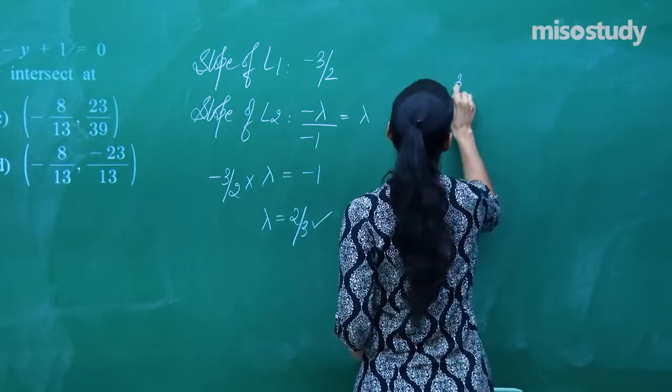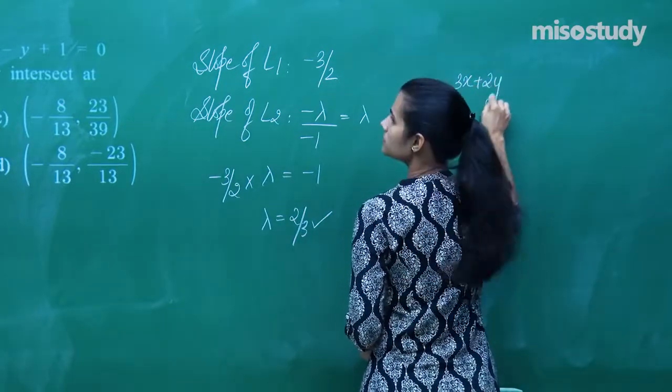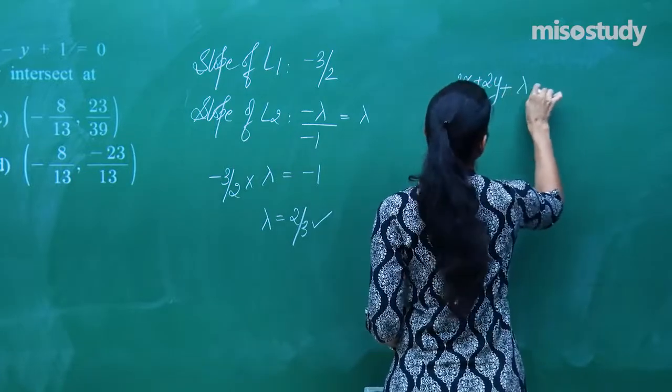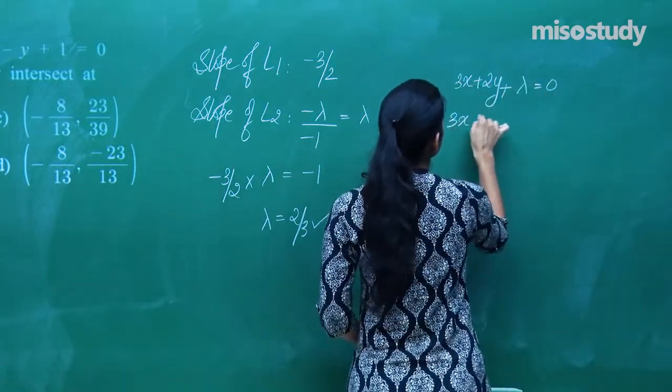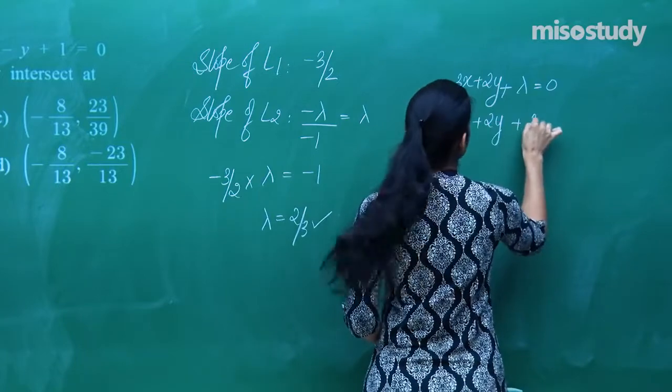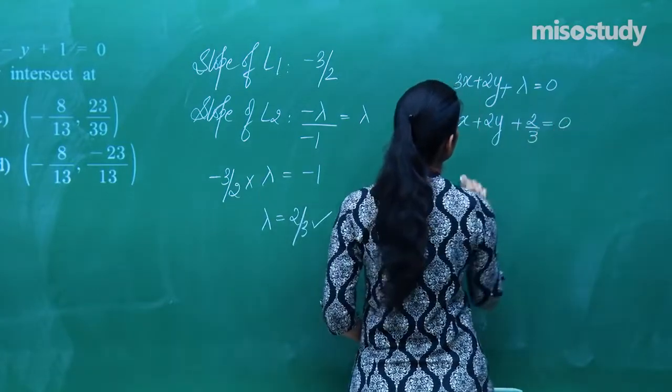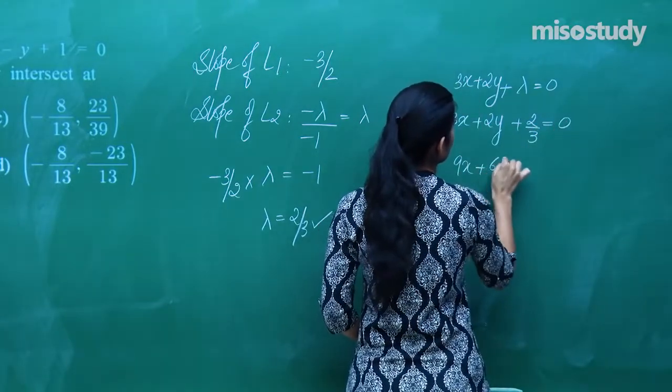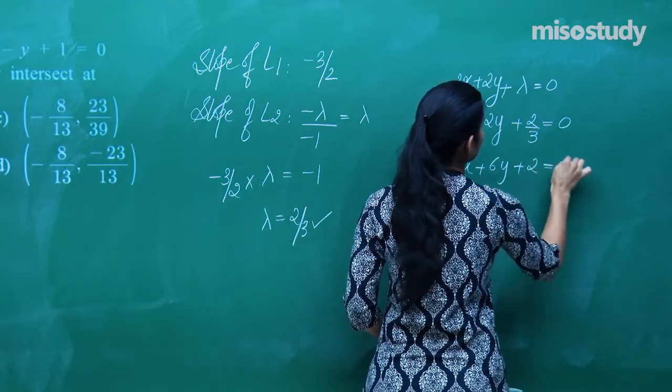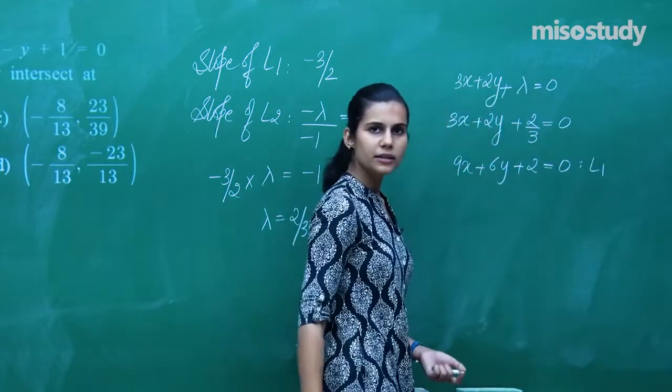3x plus 2y plus lambda equals 0. 3x plus 2y plus 2 by 3 equals 0. So this gives you 9x plus 6y plus 2 equals 0. This is L1.